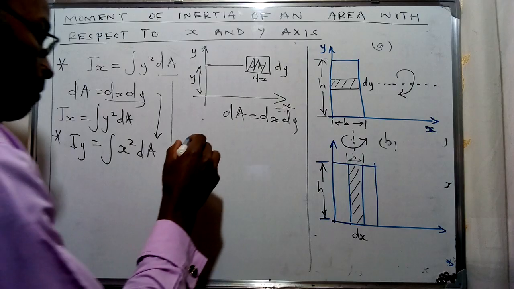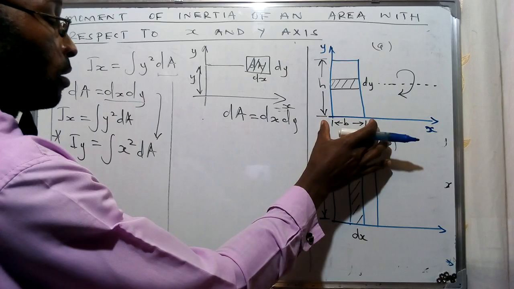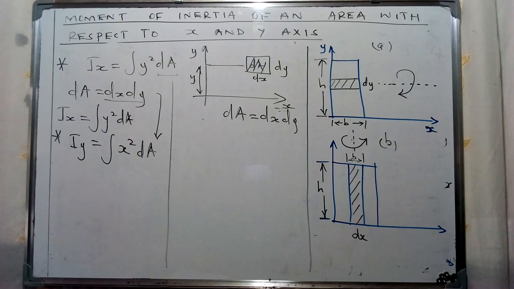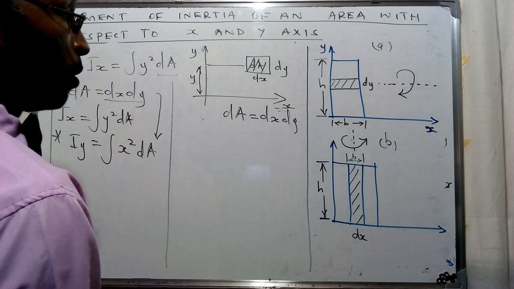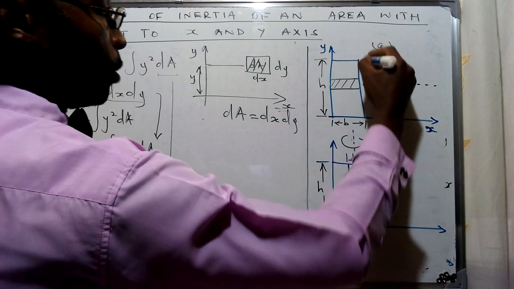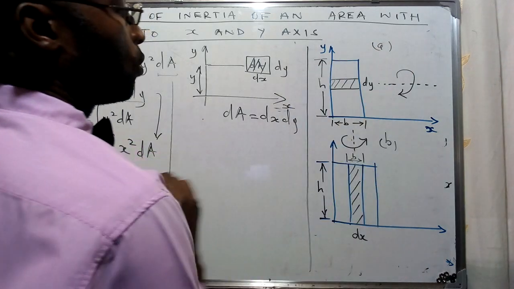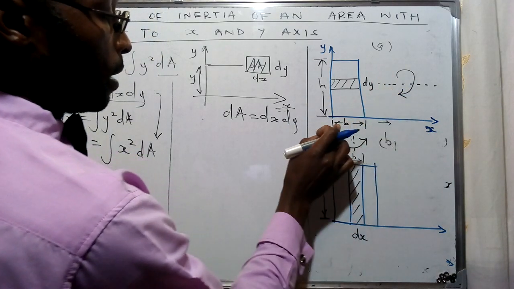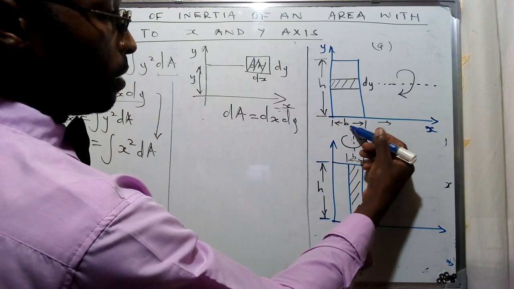In this case, we can give either of these aspects. So in case we are going to consider this one for finding the moment of inertia along the x-axis, we're going to consider this strip using the first illustration which I've given on the board, whereby for the total area which I've demarcated, we're going to choose a small strip which is going to be parallel to the x-axis, which is, of course, the area bounded by the surfaces which we can define as b dy.